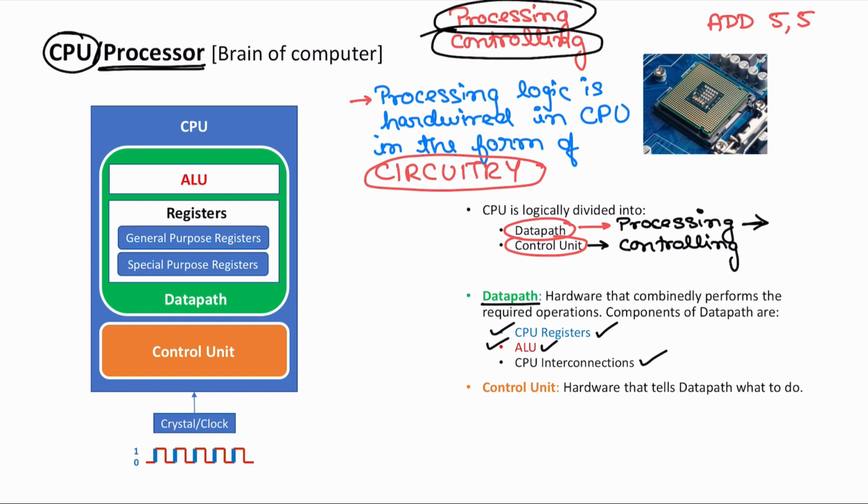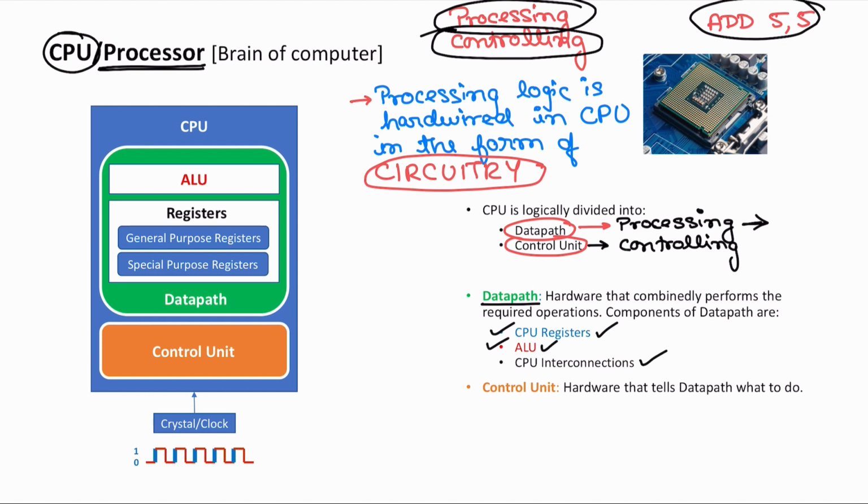So what controlling means here is, for example, if we want to perform some addition operation, then in order to perform this addition operation, one signal will go to the ALU component through what? Through the control unit.